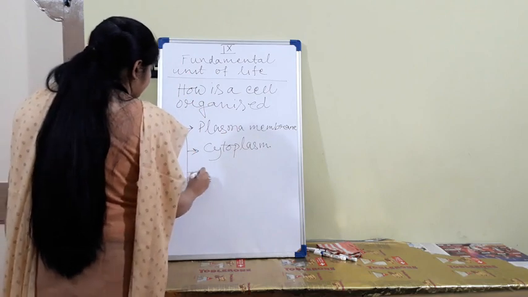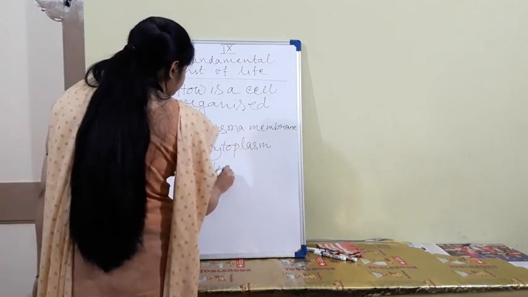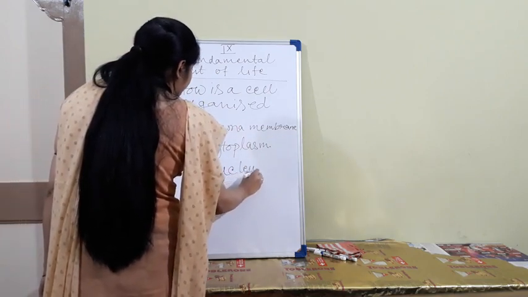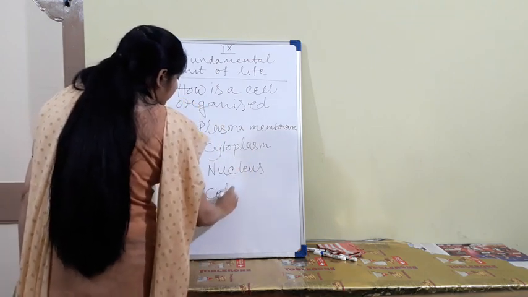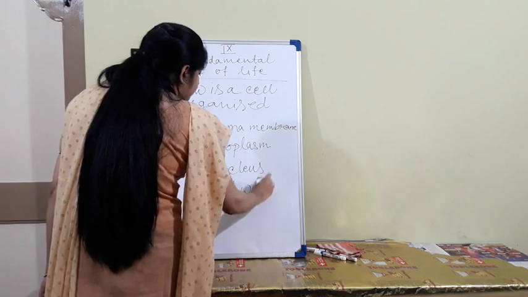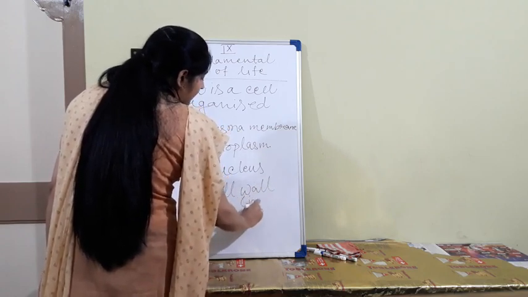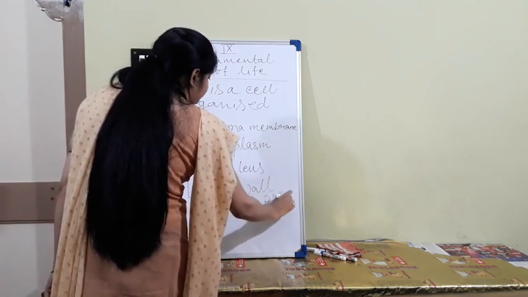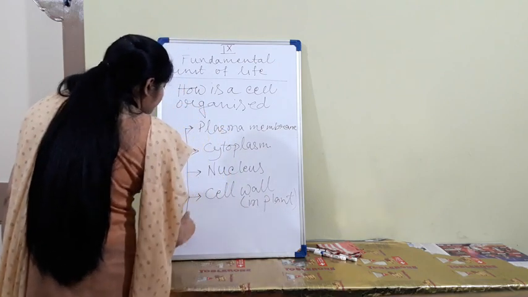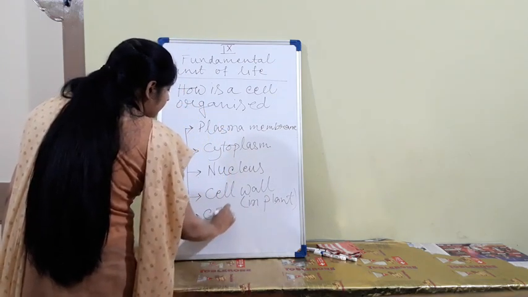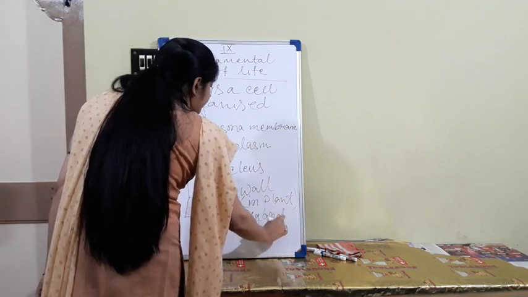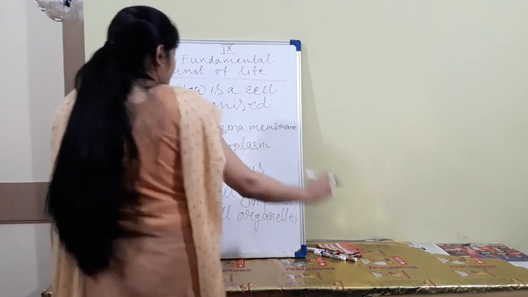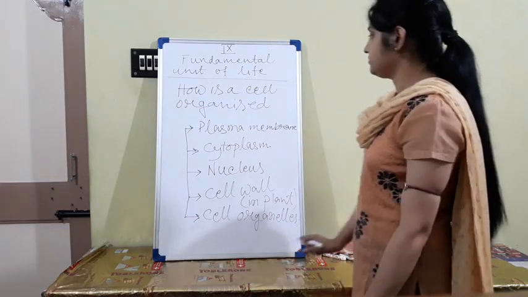And another one, nucleus, the most important, that contains DNA. And next one, cell wall. It is present only in plant cells. And another one, cell organelles, okay? The components that help the cell perform all the functions, okay?